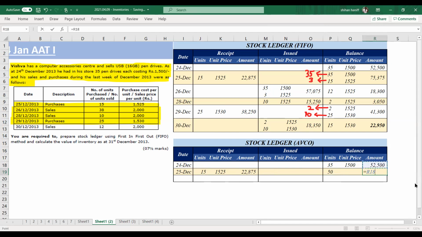Total value will be 52,500 plus 22,875. Then the average price is the amount divided by the number of units. So you get an average price for this.